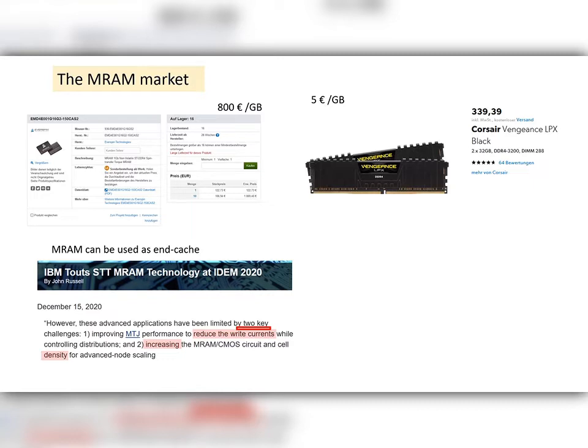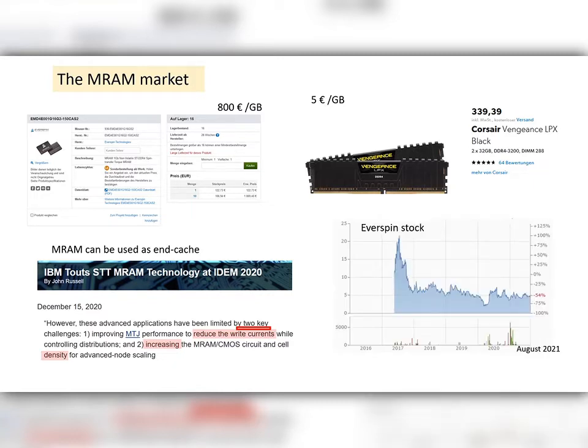And if you ask yourself, should I buy MRAM stocks? At the moment, I would not prefer this. You see the Everspin, a complete MRAM company. Here you see starting with very high values of the stock and slowly decreasing up to now.